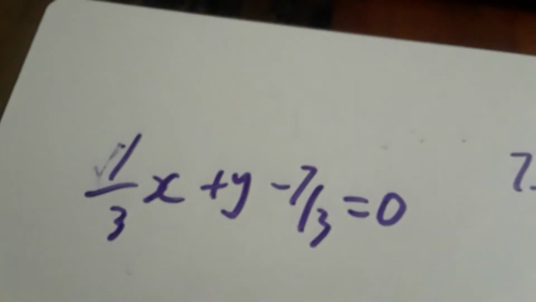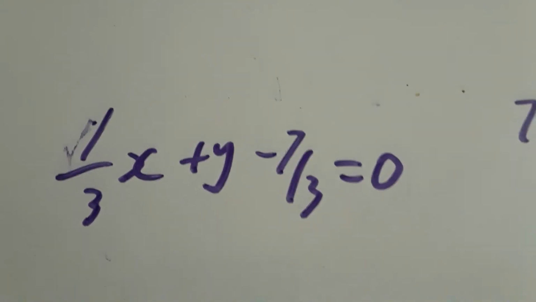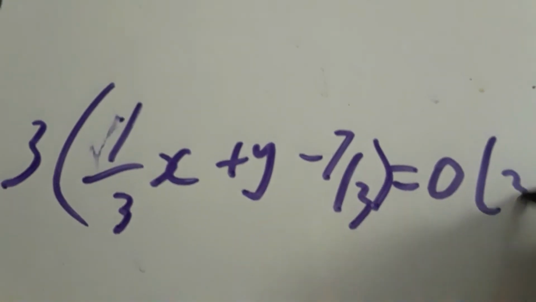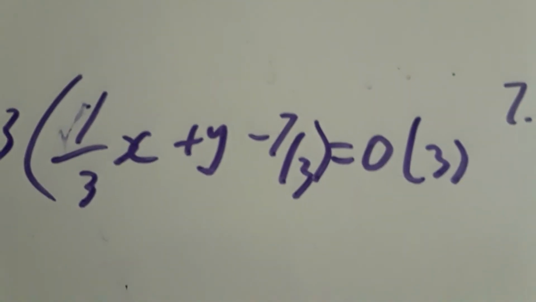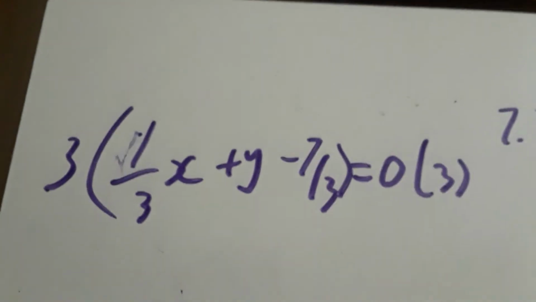Now we need to get rid of the denominator of 3, which you can see in the 1/3 and in the negative 7/3. So what we're going to do is we're going to go ahead and multiply both sides by 3. I know when you multiply 0 by 3, you still end up with 0, but it's customary to go ahead and do that.